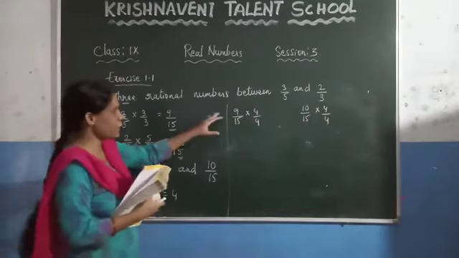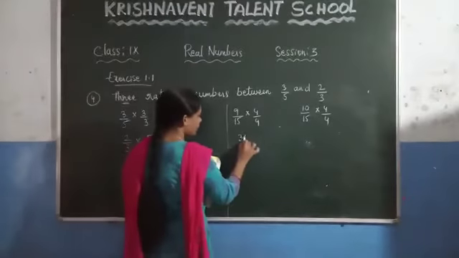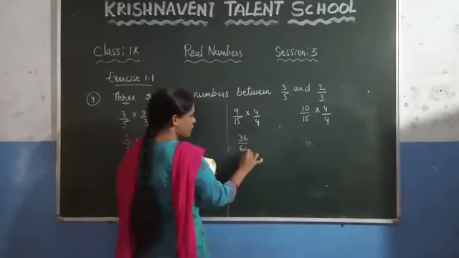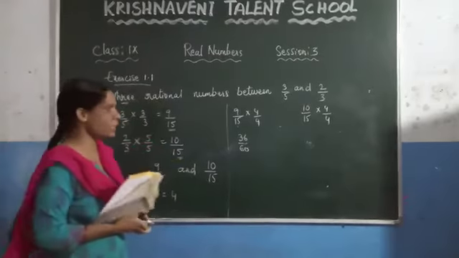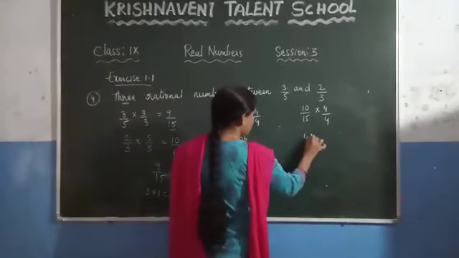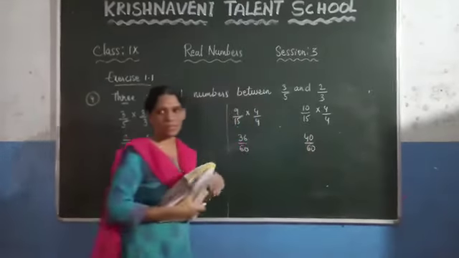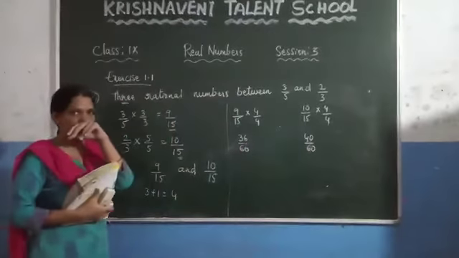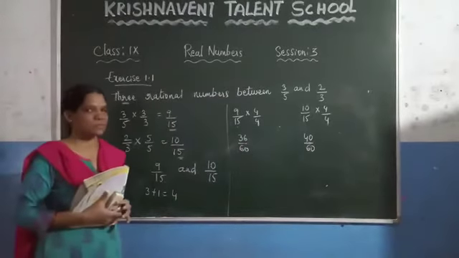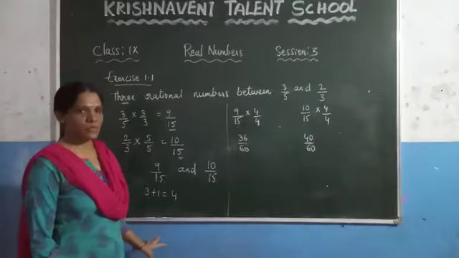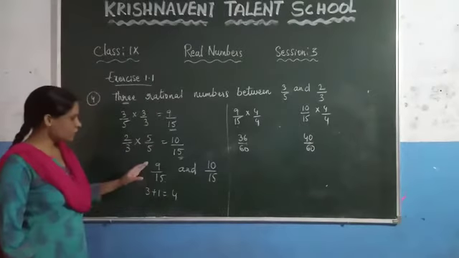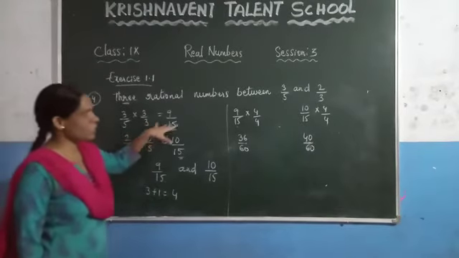So what you get here, 9 into 4 which is 36 and 15 into 4 which is 60. After that, here 40 by 60. So here what we have done, we have made the denominators the same.